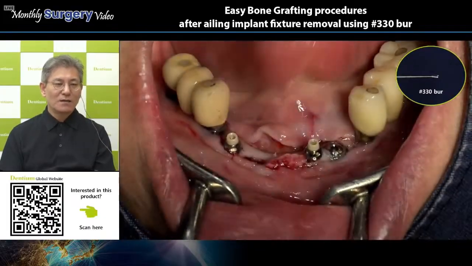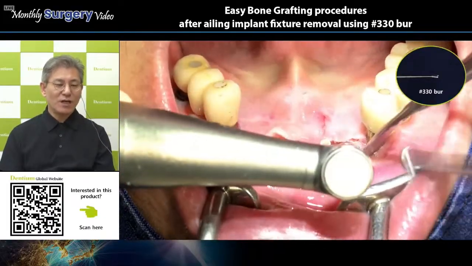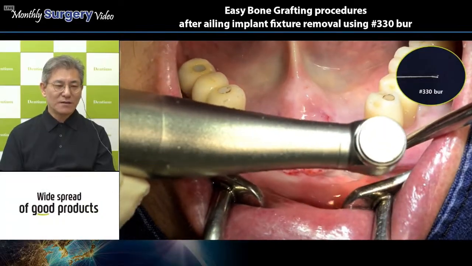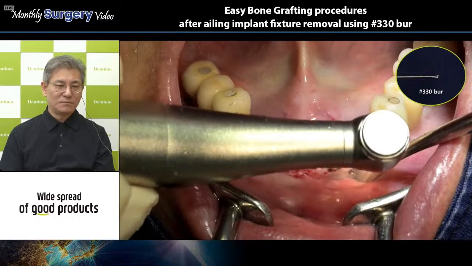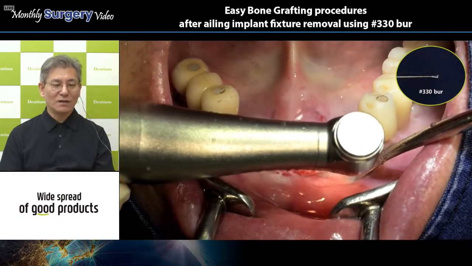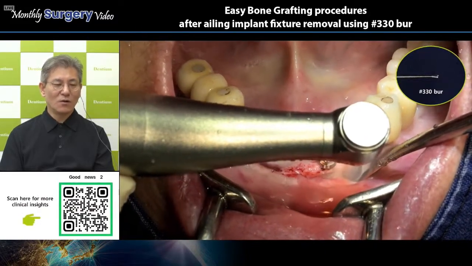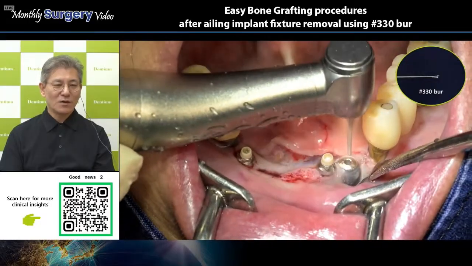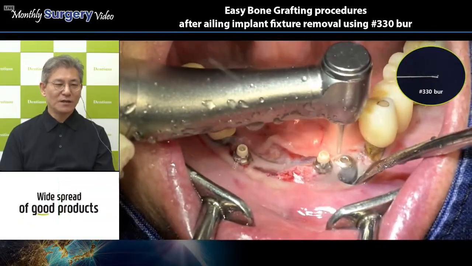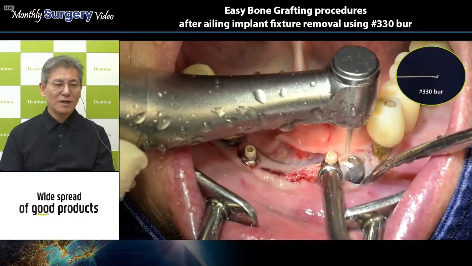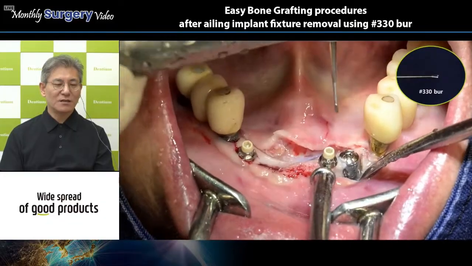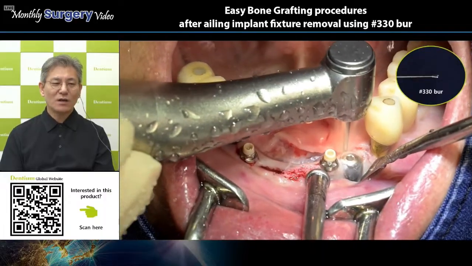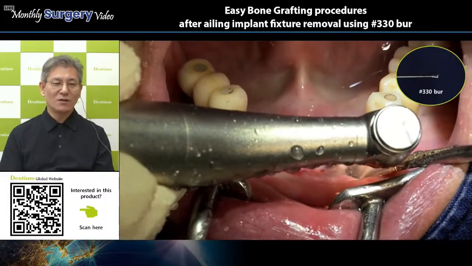Now, Dr. Zhang is going to use a 330 bur to make some trench around the old installed implant fixture. The buccal plate was gone away, so make a small trench. And that is the know-how.